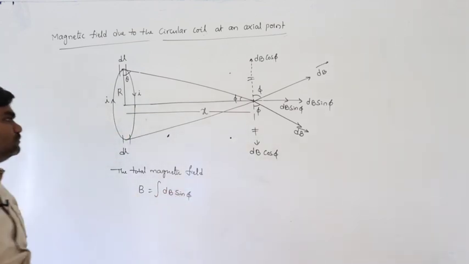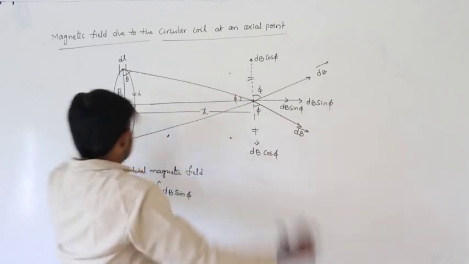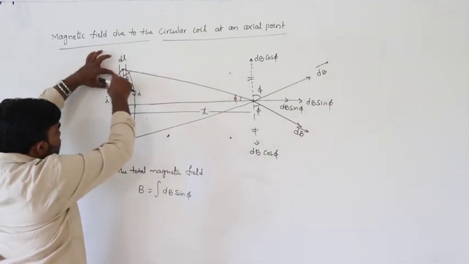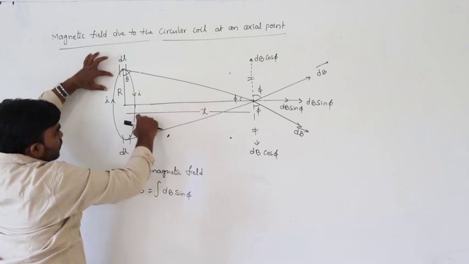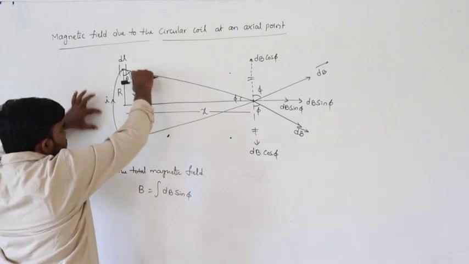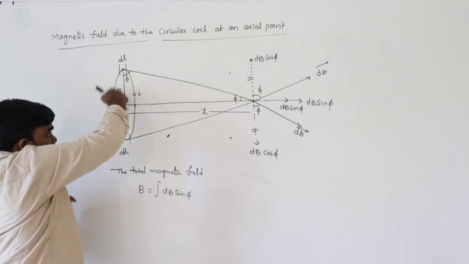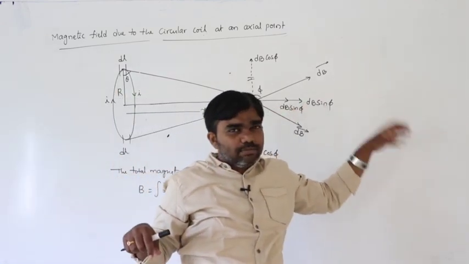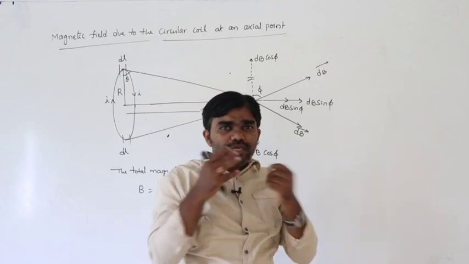I am considering the small length elements like this way, and due to all these length elements, only the horizontal components are added up and the vertical components are cancelled.